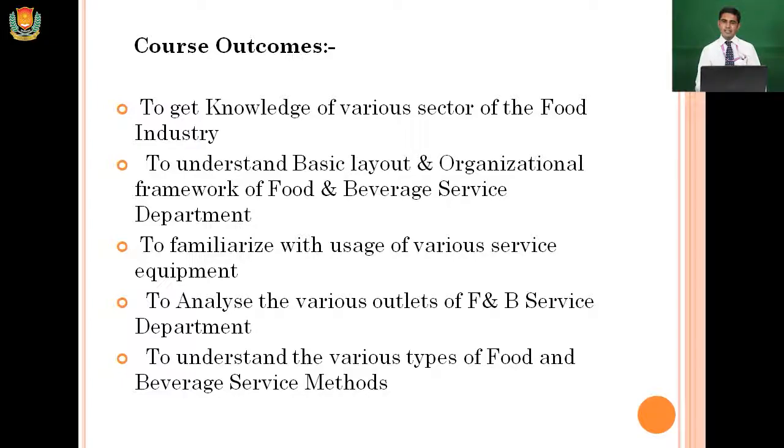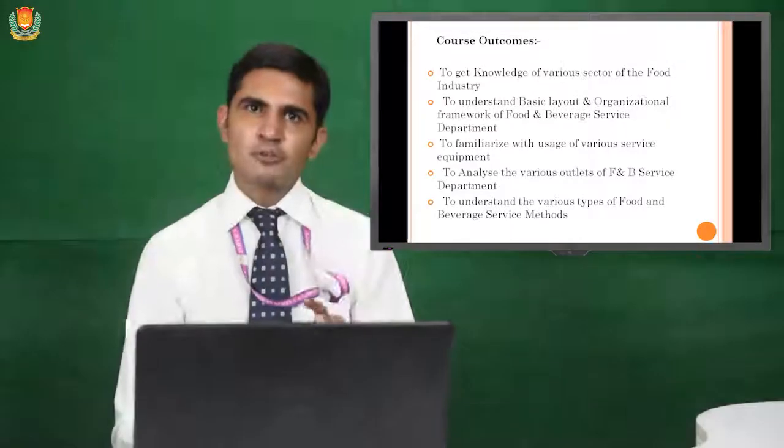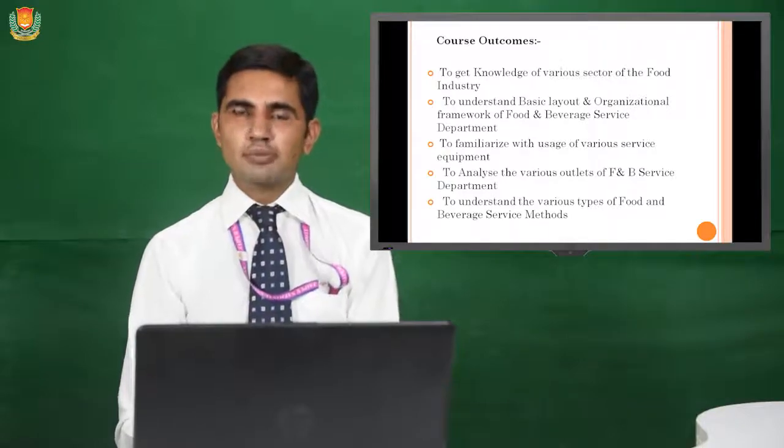To analyze the various outlets of the F&B service department, how many types of outlets there are, and how I can make my career in this department. Then to understand the various food and beverage service methods, so you can learn. So this is the outcome of this syllabus made by us.